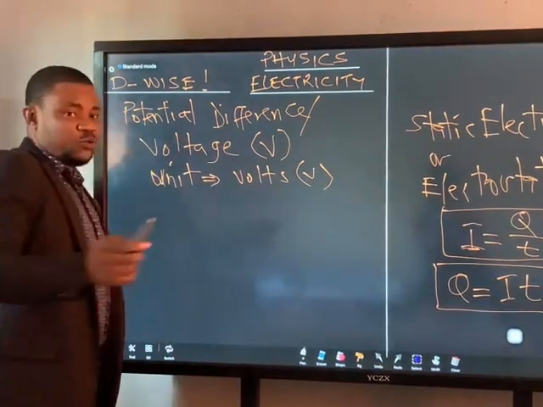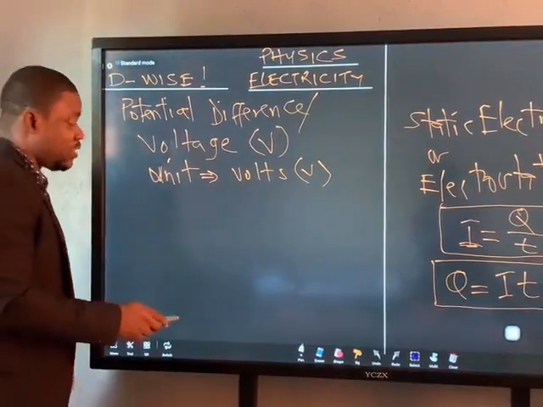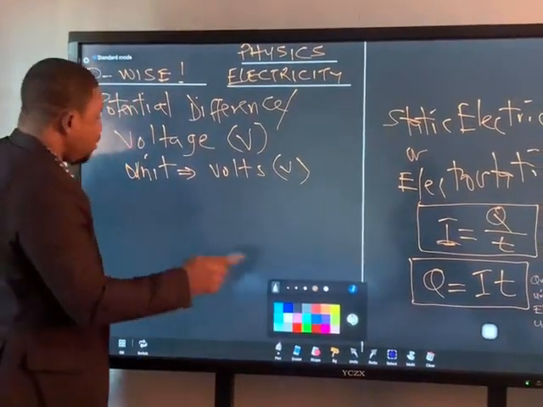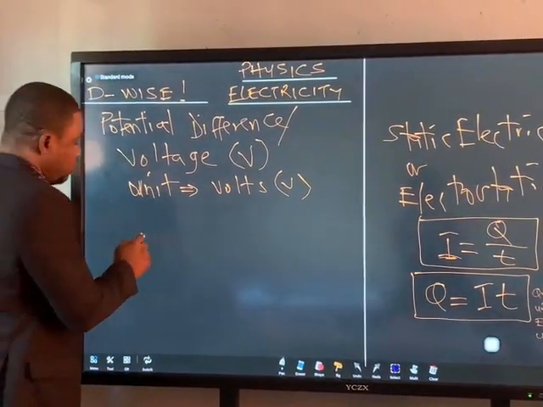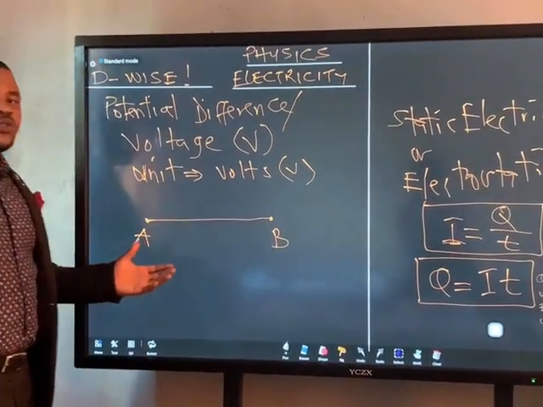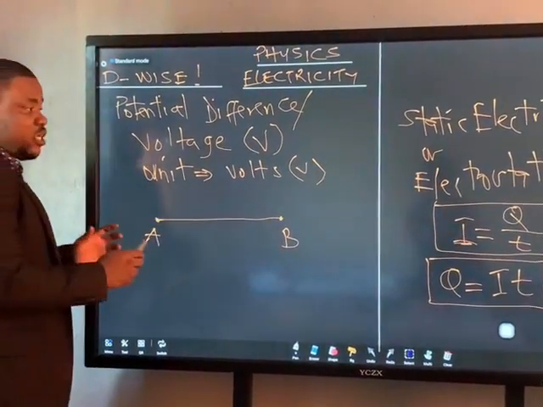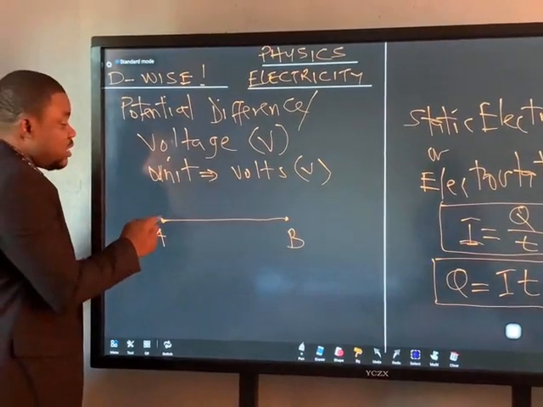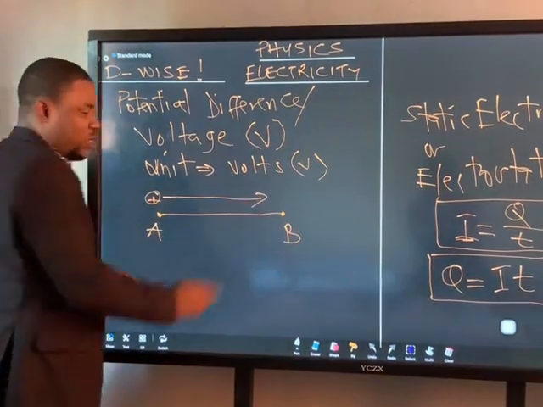Alright? So what is potential difference? If I have a circuit, for example, a circuit is a path along which electricity travels. I'll explain that later when I have the time. If I have to move charges from point A to point B, one way to do it is to create the potential difference. So the potential difference is actually the work done in taking a unit charge from one point to another.